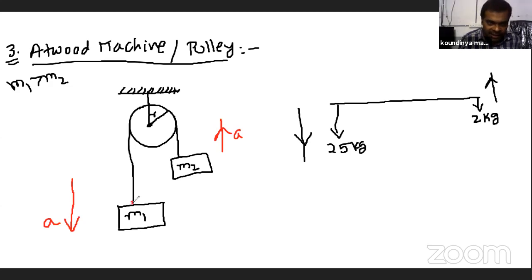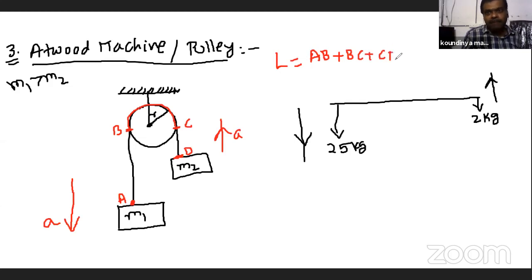Here I will call this point A and here B, and approximately this is the point C, and here it is D. So I am considering the length of the string as AB plus BC plus CD, the total length of the string. We consider the string inextensible, massless and weightless.